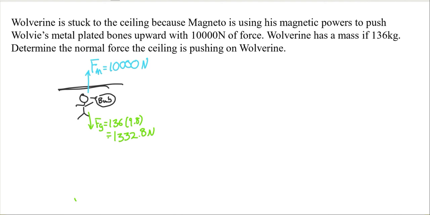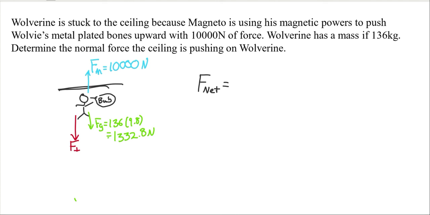That means there's a normal force provided by the ceiling keeping him from breaking through. Right? The ceiling pushes outward. This is what allows us to make a net force equation to determine what the normal force is.